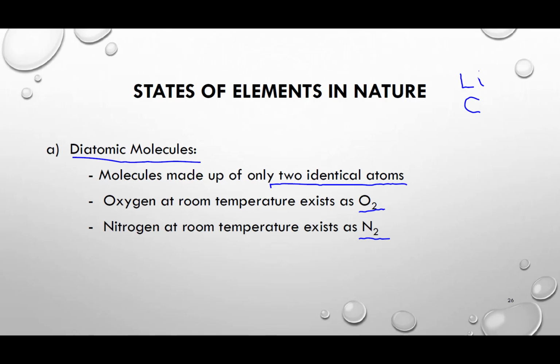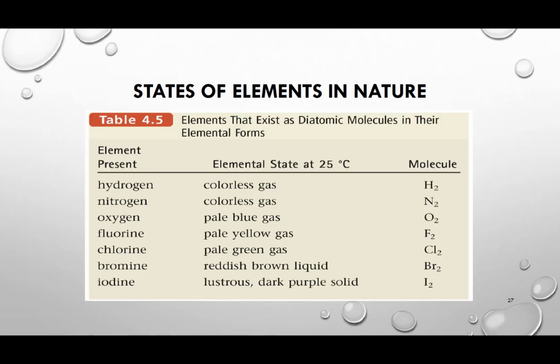When we say there is a reaction with oxygen atom, you don't write oxygen on its own. You write O2. Or when we are talking about nitrogen, you write N2, because they come in diatomic form. They don't come singlet. These are the diatomic molecules. These are all the halogens from group 7.